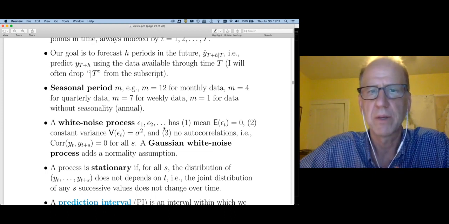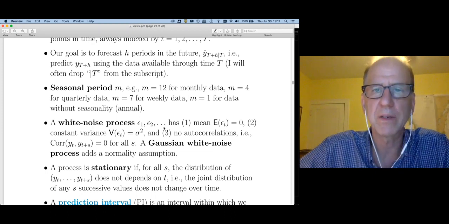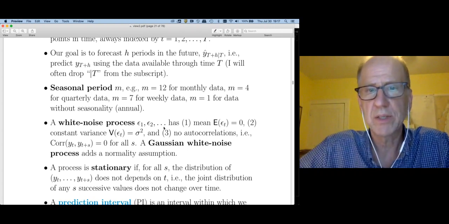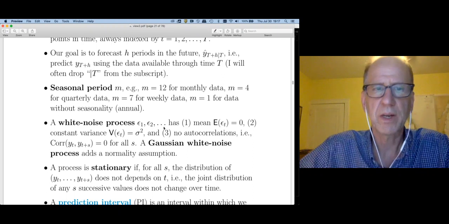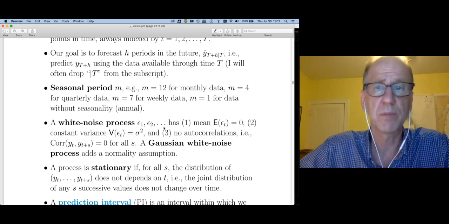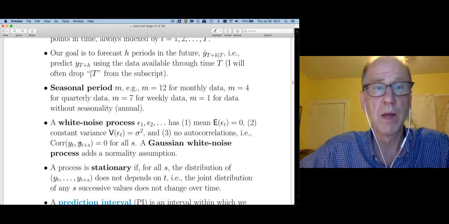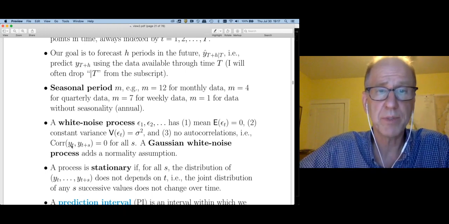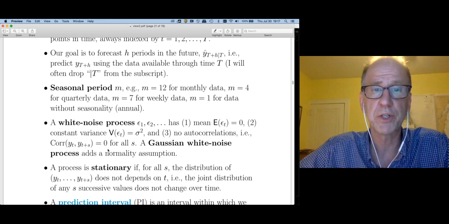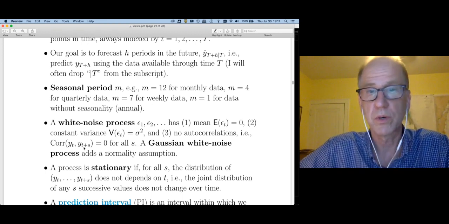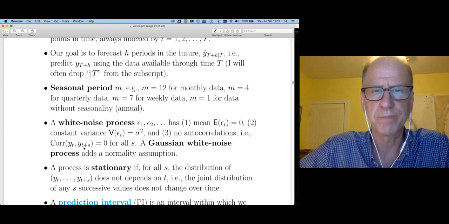There's nothing to explain in a white noise process. So in particular, white noise processes are going to have mean zero. They're going to have constant variance, call it sigma squared, and no autocorrelations. So the correlation between any observation and another observation s periods away is equal to 0, so no autocorrelations.